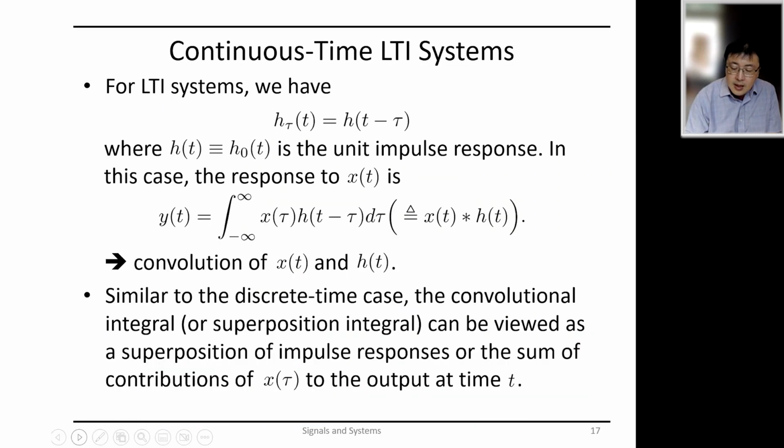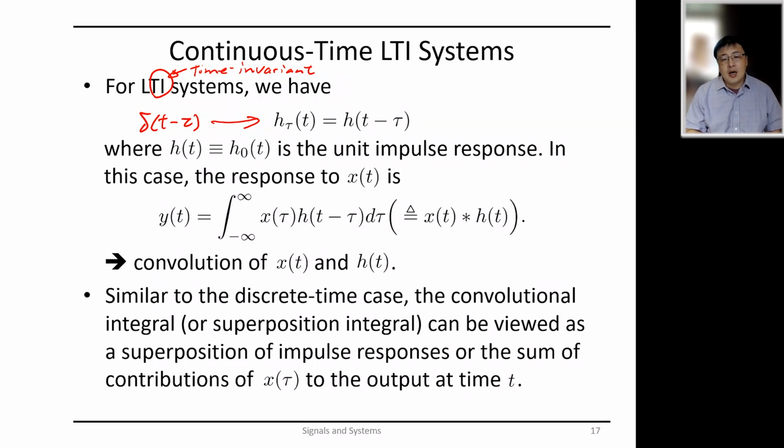So this is saying that if your system is further time invariant, okay, then the response to an impulse at time tau, which is h sub tau of t, would just be a time-shifted version of the response to an impulse at time 0. Okay, so this is all the same as before.